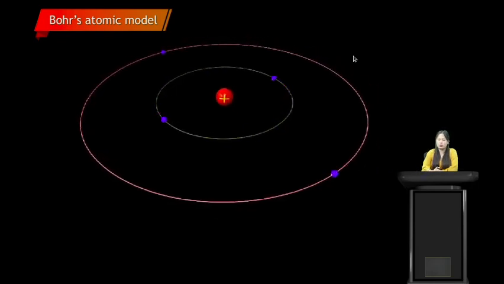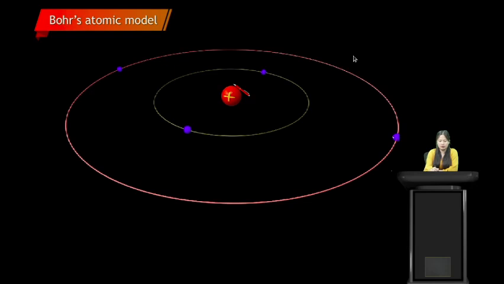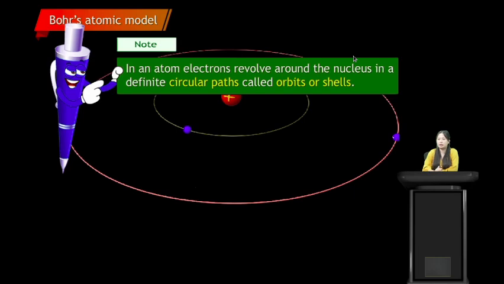According to Bohr's atomic model, we have the positively charged nucleus and the electrons revolving around the nucleus. In an atom, electrons revolve around the nucleus in definite circular paths called orbits or shells.